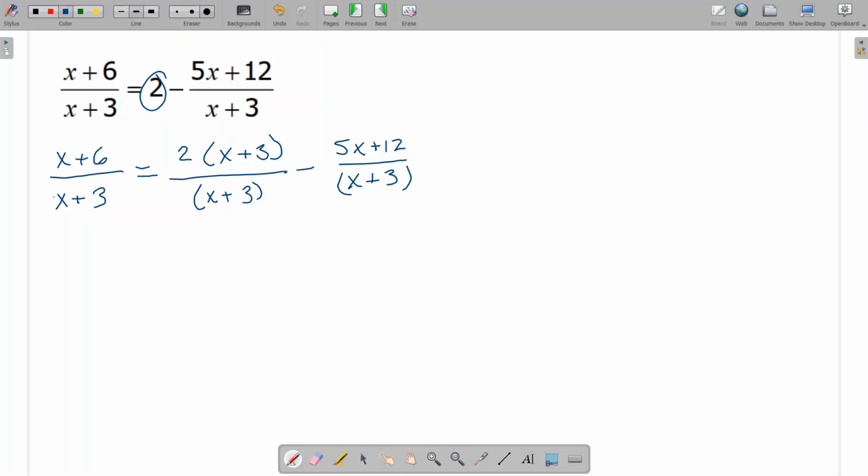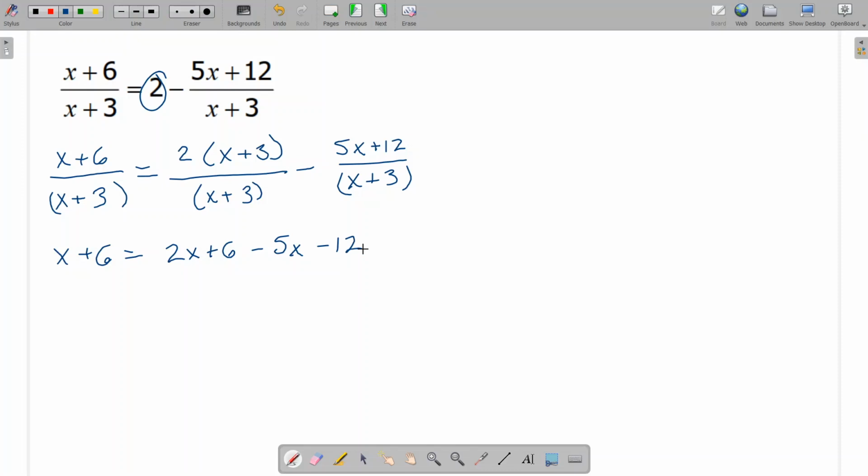Now, I notice that we already have a common denominator across the board here. So we can just set the numerators equal. We really just have x plus 6 equal to 2x plus 6 minus 5x minus 12.